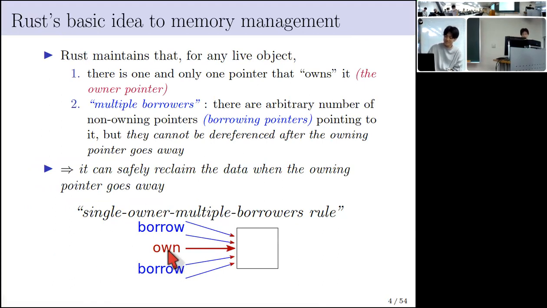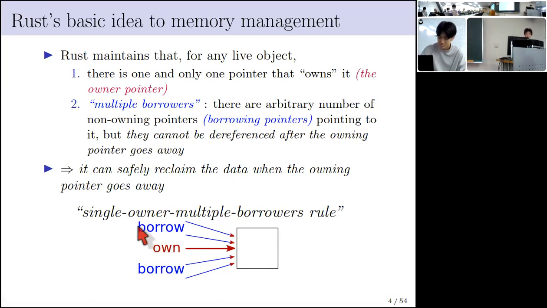You have one and only one owning pointer that determines the lifetime of the data itself. This is how Rust manages the underlying memory.